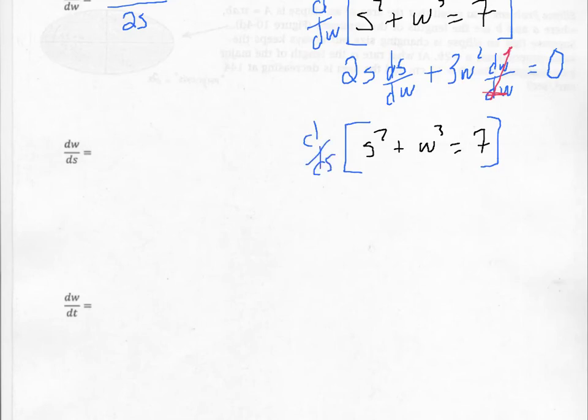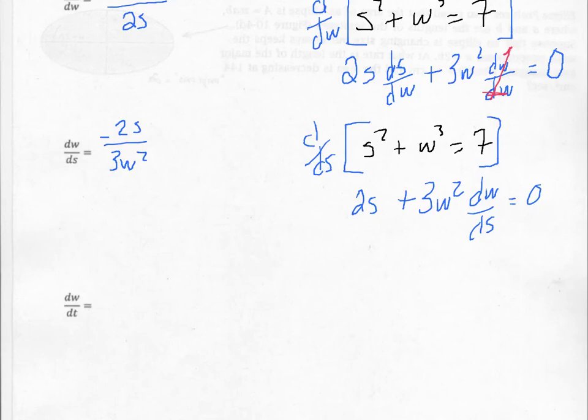When I do this, I get 2s ds/ds, just leave that as 1, don't even bother writing it down, plus 3w squared dw/ds is going to equal 0. And again, I'm in this same position where I'm looking for dw/ds, subtract 2s from both sides, divide by 3w squared, and very quickly and efficiently I have my answer, which is negative 2s all over 3w squared.